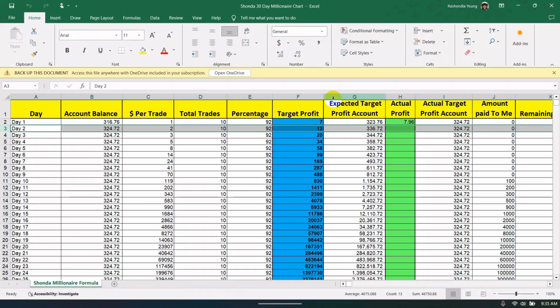Therefore, we won't be able to complete the chart. Once the account reaches $336.72, then and only then will we be able to say, okay, we completed day 2. Let's move on to day 3.